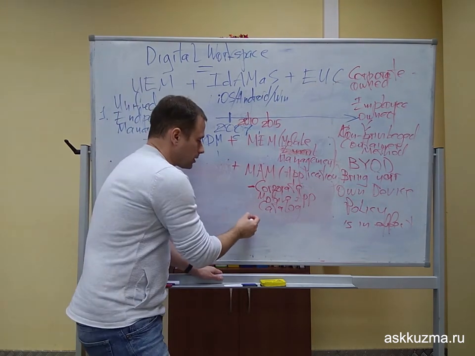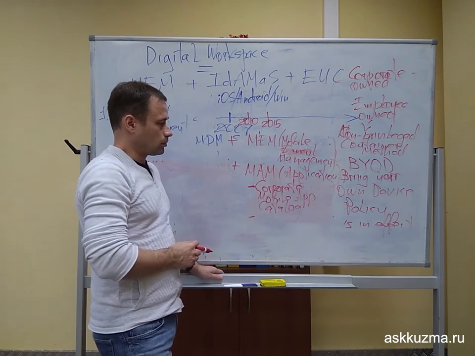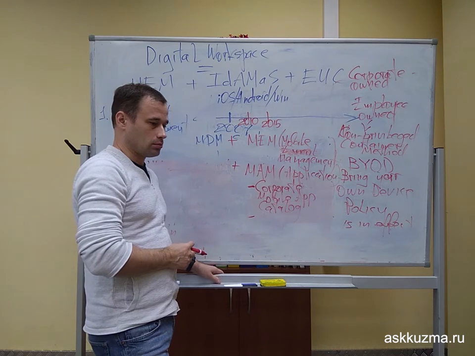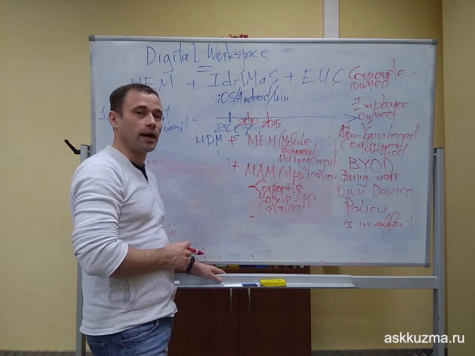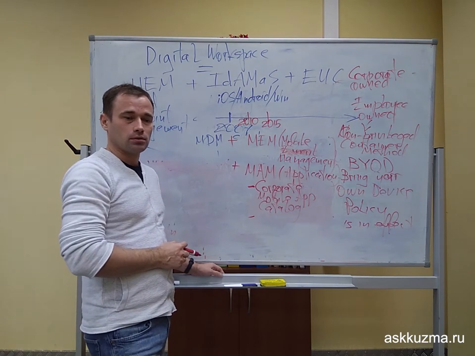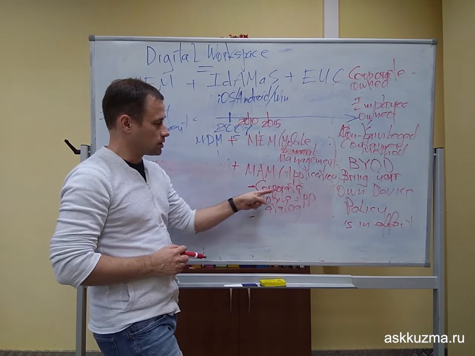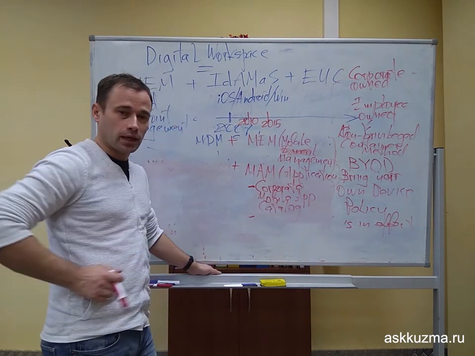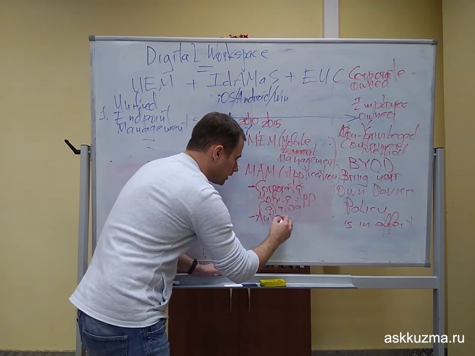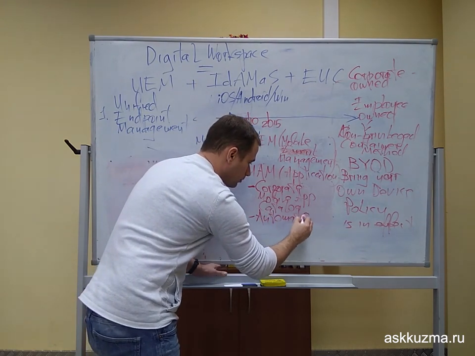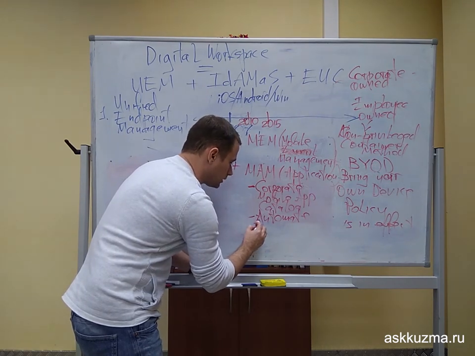In addition to that, think about the ability to automate each and every phase of the mobile application lifecycle. So for each and every mobile application published in this corporate mobile application catalog, we can completely automate the mobile application lifecycle.